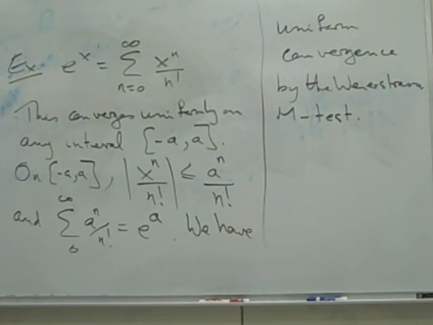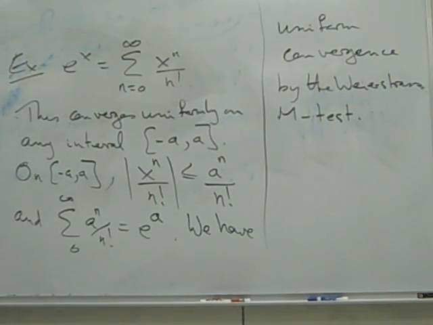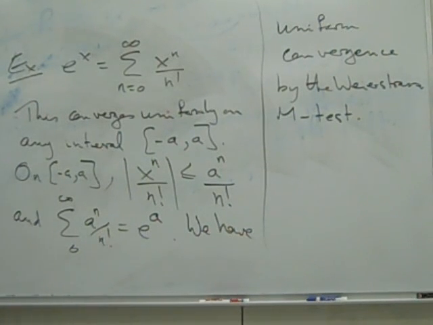So let me just tell you where we're heading in the next lecture or two. We're going to try to prove the Weierstrass approximation theorem, which says that on any compact interval, any continuous function is uniformly approximable by polynomials.